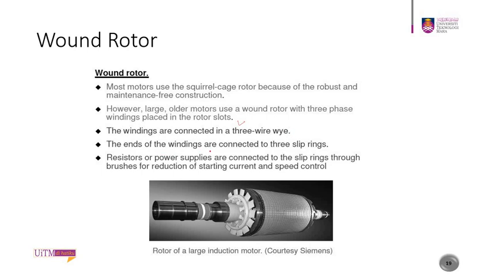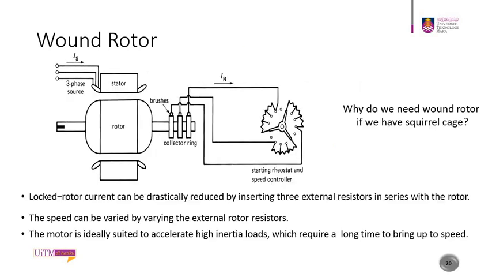So the ends of the windings are connected to 3 slip rings. And resistors or power supplies are connected to the slip rings through brushes for reduction of starting current and for speed control. And you can see the diagram for the wound rotor.